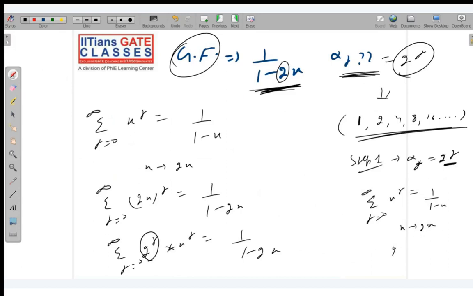The moment I replace, I will get 2^r x^r, sigma r = 0 to infinity, and here I will get 1 upon 1 minus 2x. So the final generating function will be 1 upon 1 minus 2x. Yes, sir. Okay, take a snapshot. I will jump to the next slide. Done, sir. Okay.